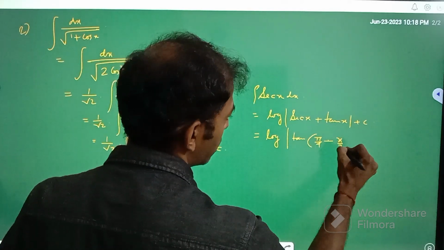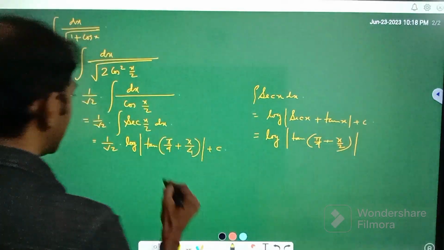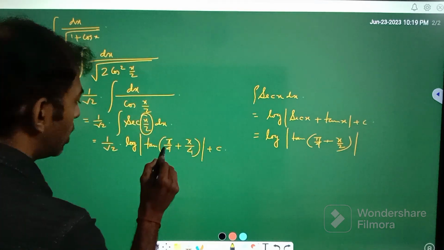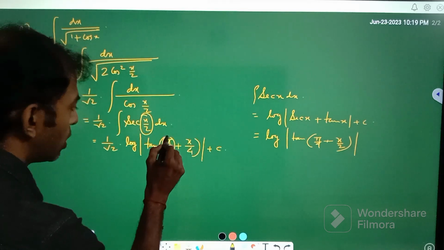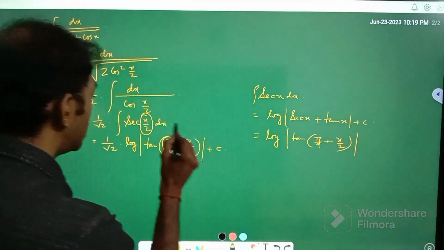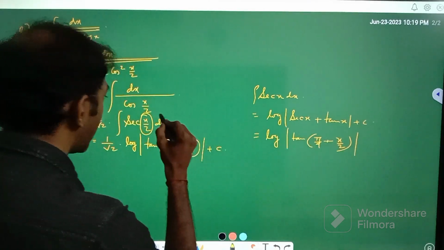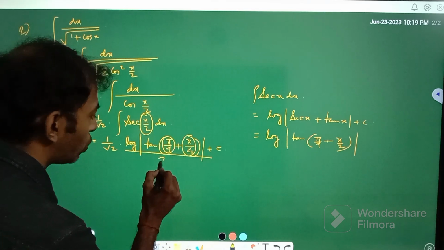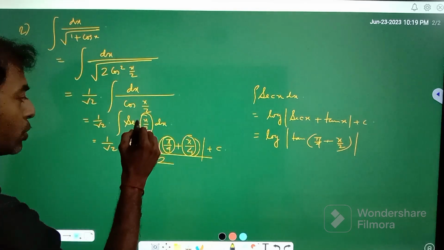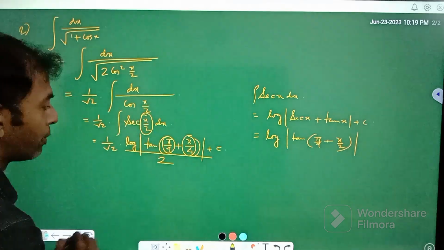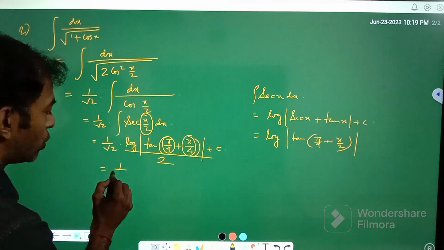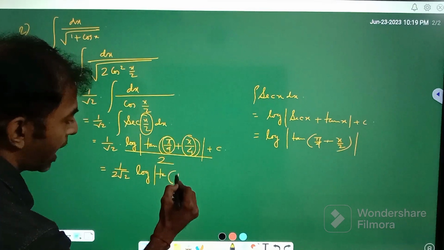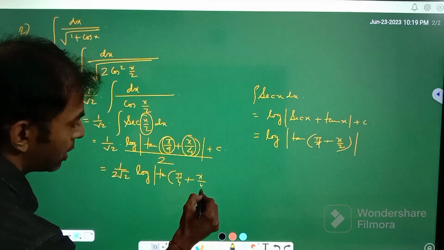But here it is x by 2, so we need to consider x as x by 2. So that will be x by 4, and total divided by 2, because there is a coefficient with x, and that is half. So we need to write 1 by 2 root under 2 log modulus tan pi by 4 plus x by 4 plus c. That's it.